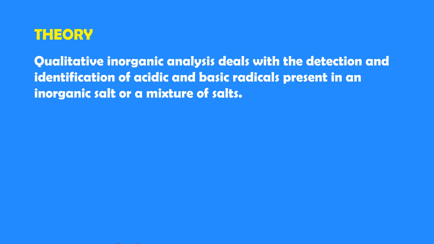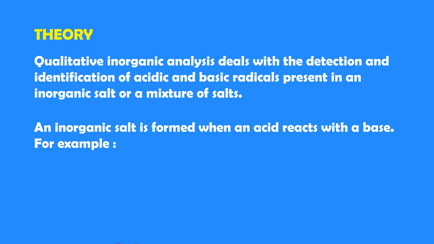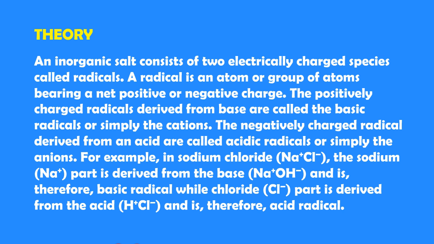Theory: qualitative inorganic analysis deals with the detection and identification of acidic and basic radicals present in an inorganic salt or a mixture of salts. An inorganic salt is formed when an acid reacts with a base. It consists of two electrically charged species called radicals.